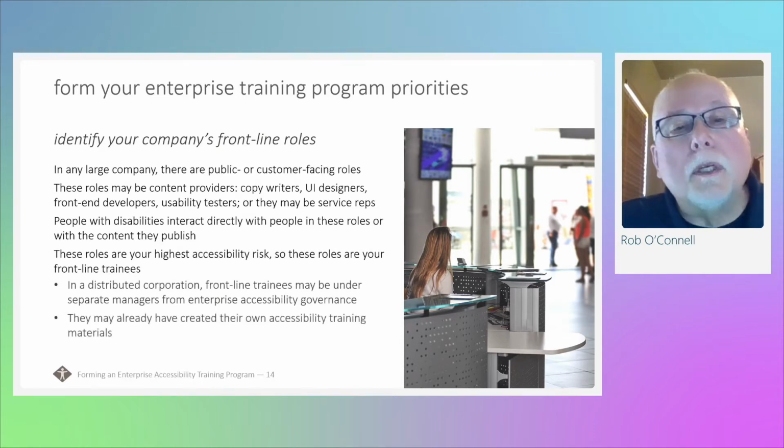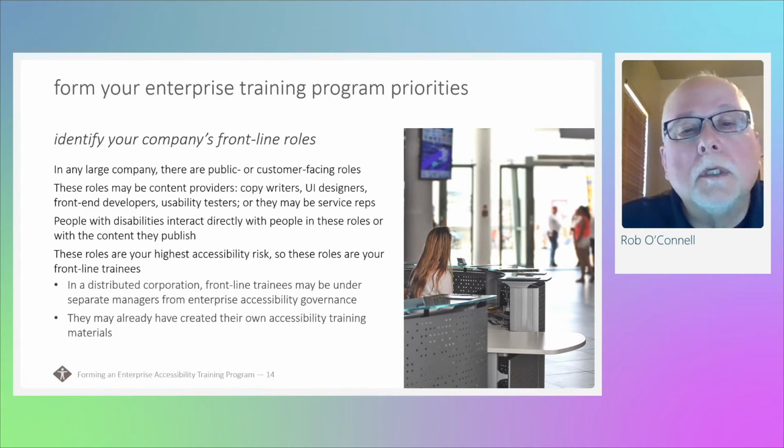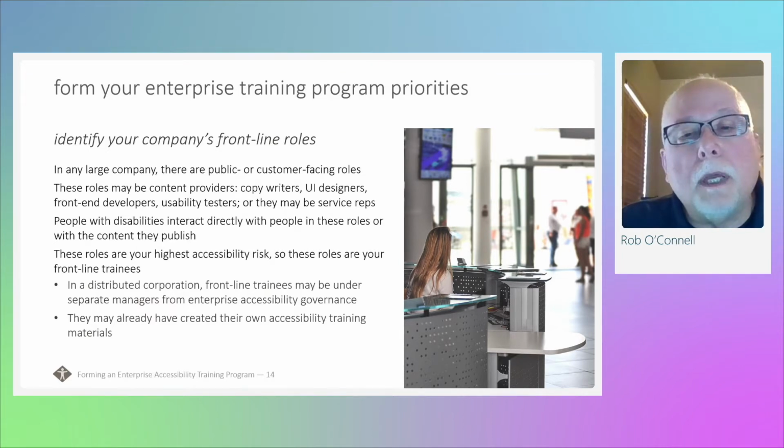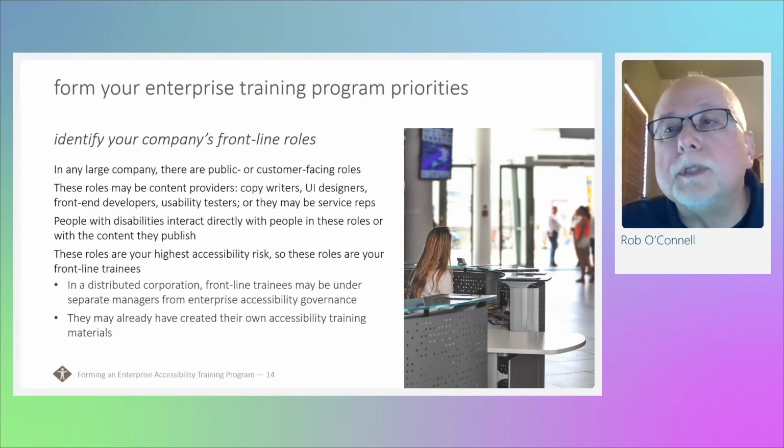In a distributed corporation, frontline trainees may be under separate managers from the accessibility governance group. That is certainly the case in a big company like USAA. We have affiliate organizations as well as many siloed lines of business. And they each, interestingly, had already to some extent created their own accessibility training materials.